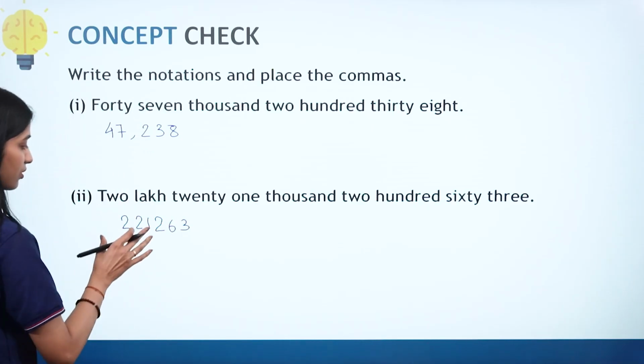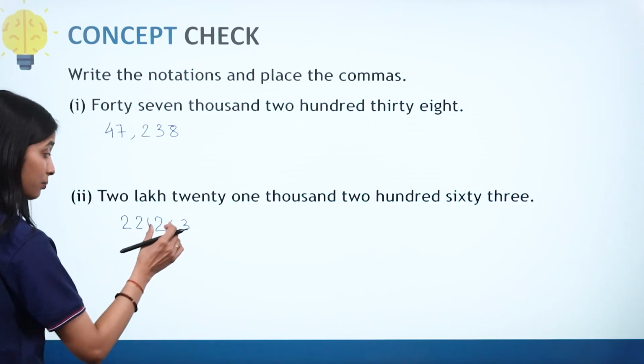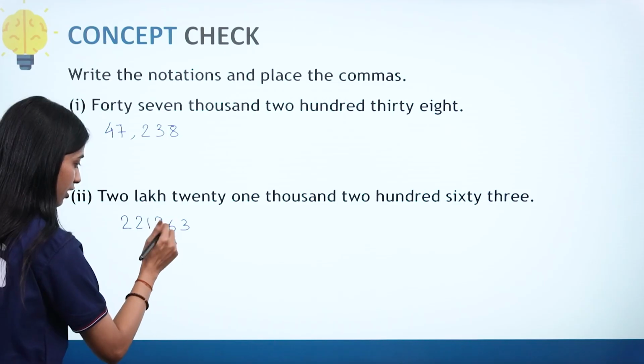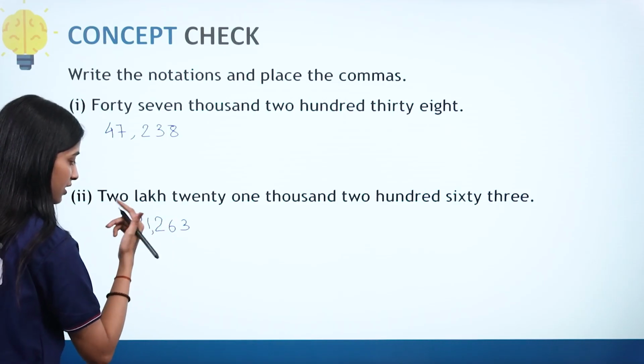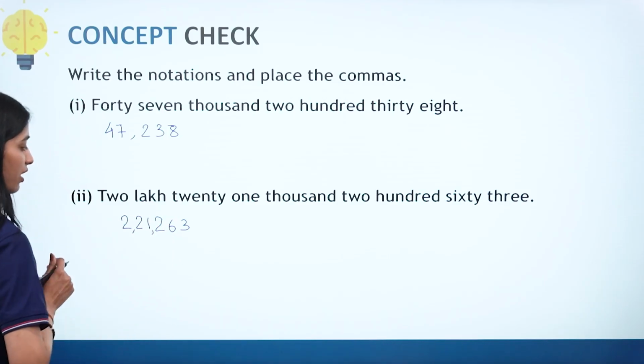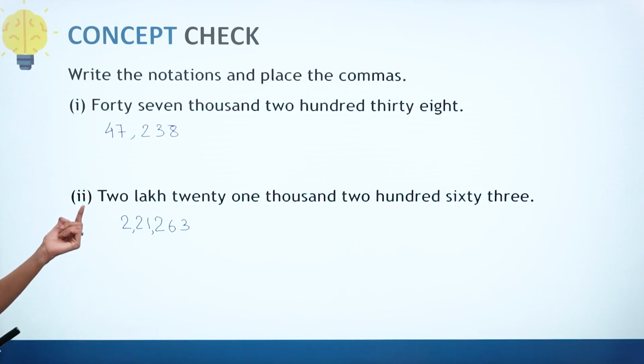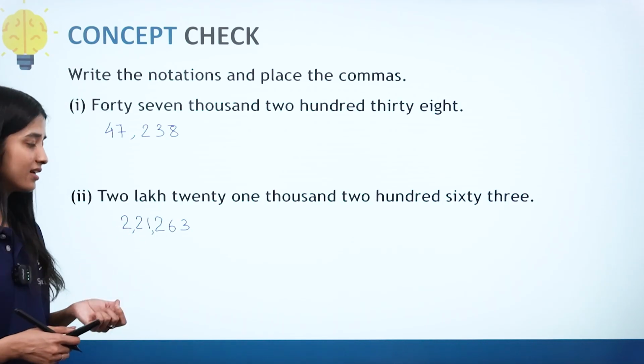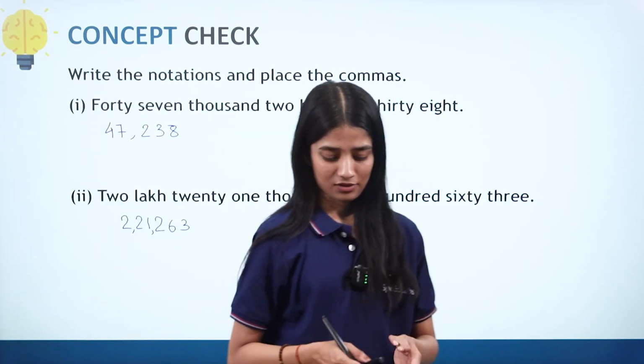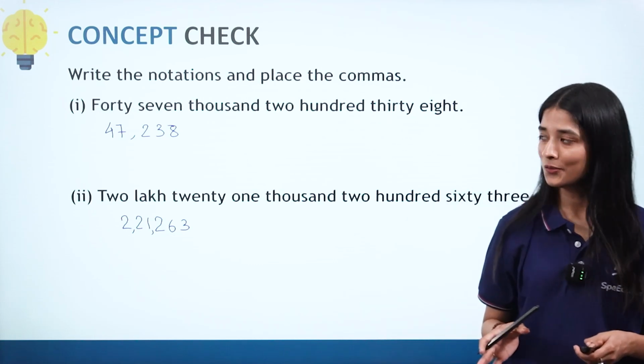Okay, this number will look like this. Now we know the first comma will come after leaving 3 digits, then we leave 2 digits and place our comma. So this number is now 2,21,263. I hope it was clear to you.